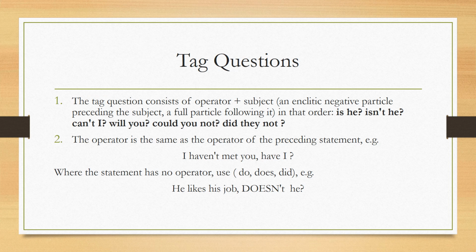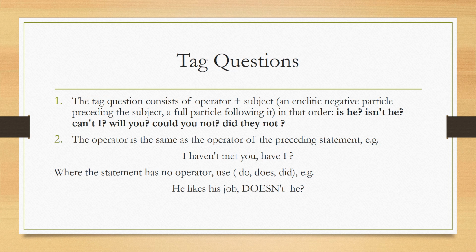For example, he likes his job. This is a statement with no operator, with only a lexical verb in the present tense with third person singular. So the suitable operator that I can choose here is does. So the tag question that I can attach to the sentence is doesn't he? He likes his job, doesn't he?